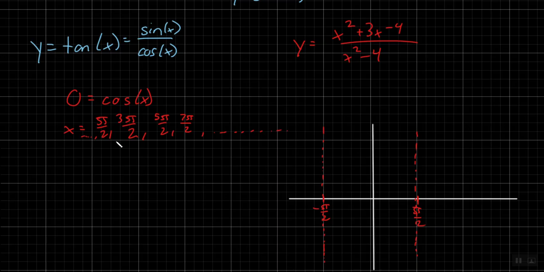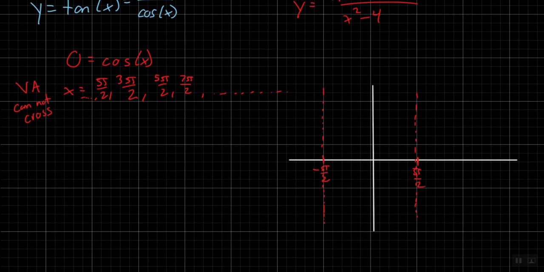No. Cannot. Because that's the denominator in tangent. It's always going to be true. The denominator in tangent is cosine. Yep. And we have vertical asymptotes right there and right there.